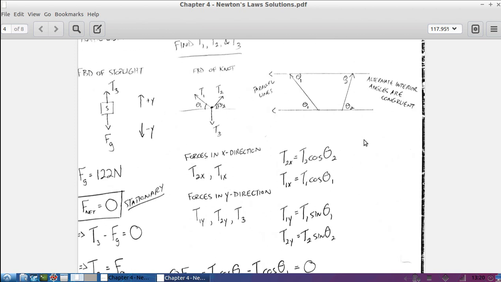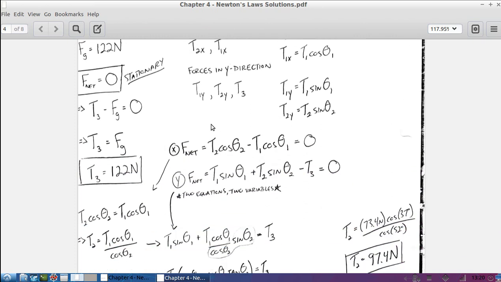F net in the y, I've got the y component of T1 and T2 acting in the positive y direction. Okay, T1 and T2's y components are pulling up on the knot. T3 is pulling down on the knot. So T1y plus T2y, right? They're both acting in the positive y direction, minus T3, which is acting in the negative y direction, equals 0.